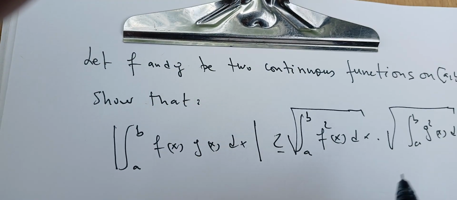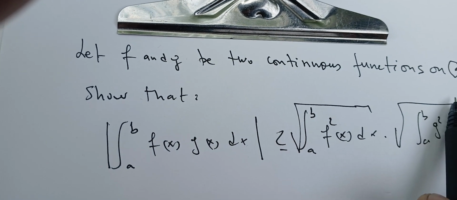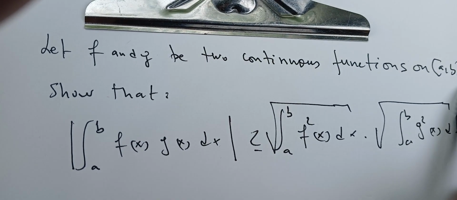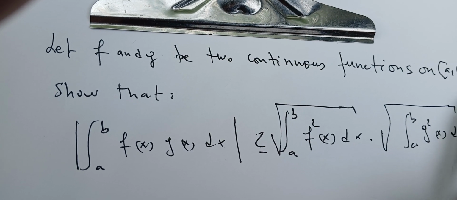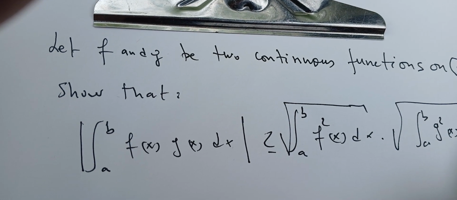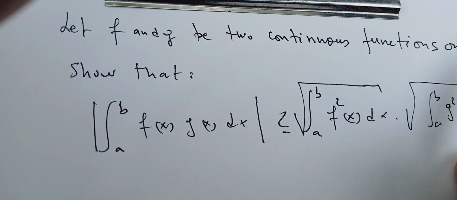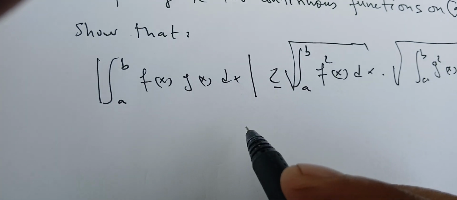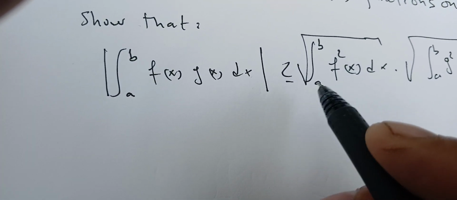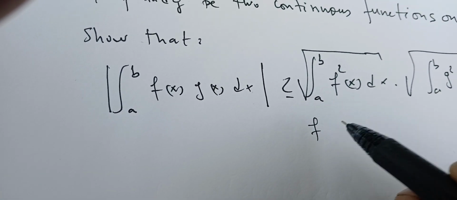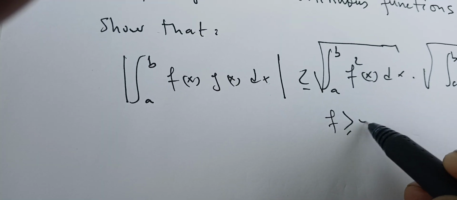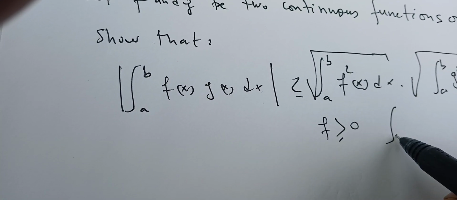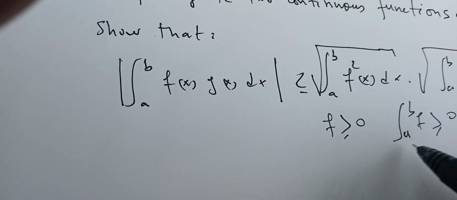In our case, we assume that f and g are continuous on a certain interval [a, b], where a and b are real numbers. Before proving this result, we can state some facts. If we have a function that's positive, its integral is positive as well.